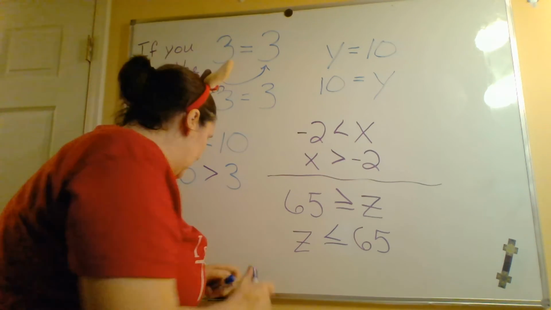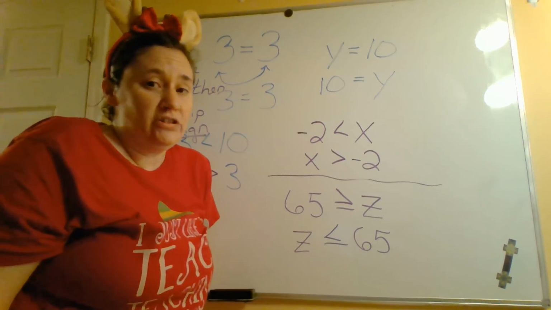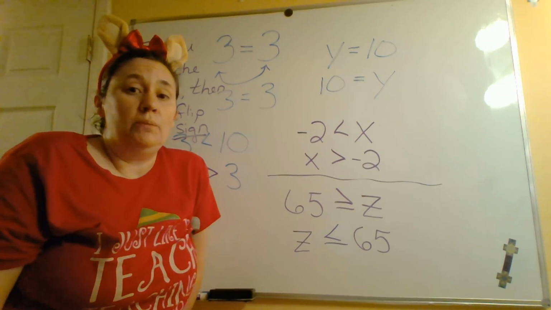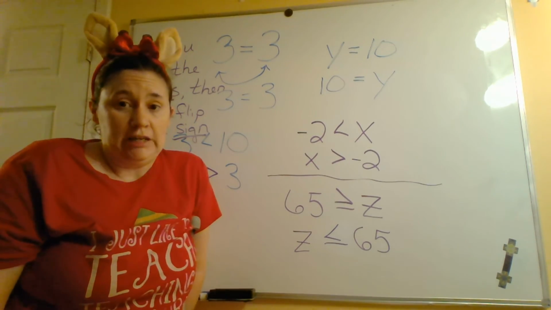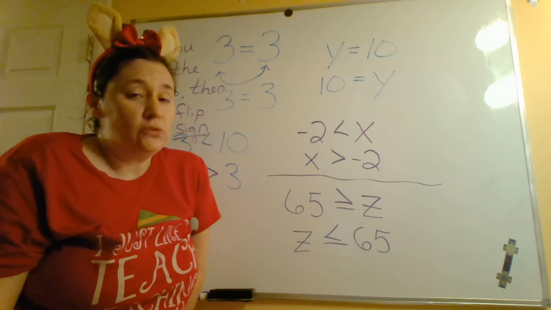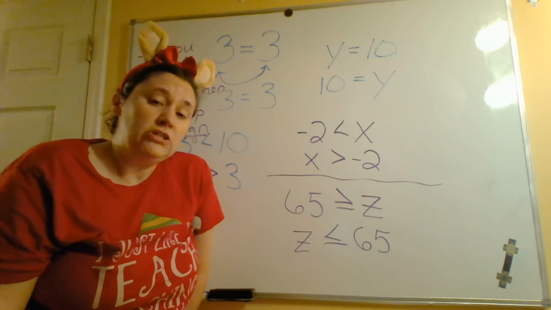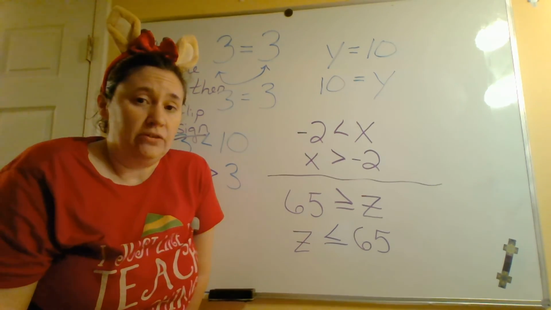So for today's class, you are going to work on a worksheet. This is going to count as a classwork grade. I'm going to give you credit just for doing the worksheet, but you've got to do a really good job on it. So you're getting a classwork grade for working on your worksheet today. If it's okay with your substitute teacher, you may work in groups and help each other.